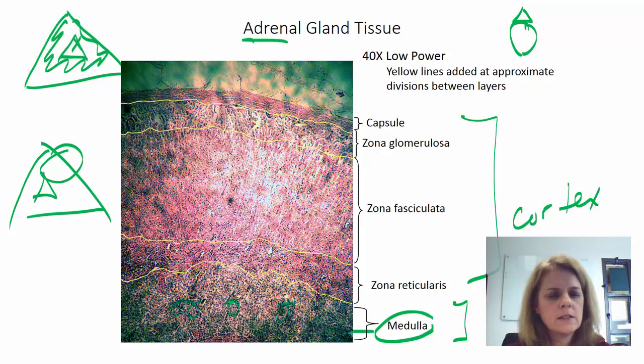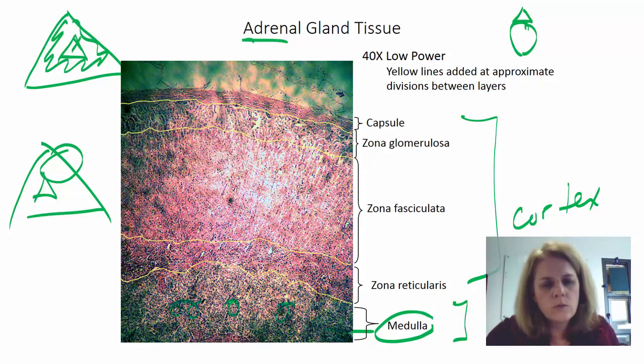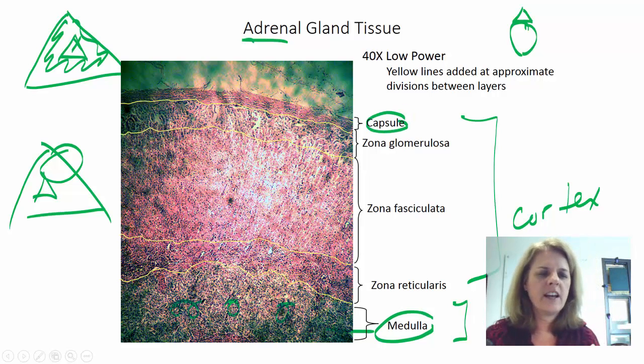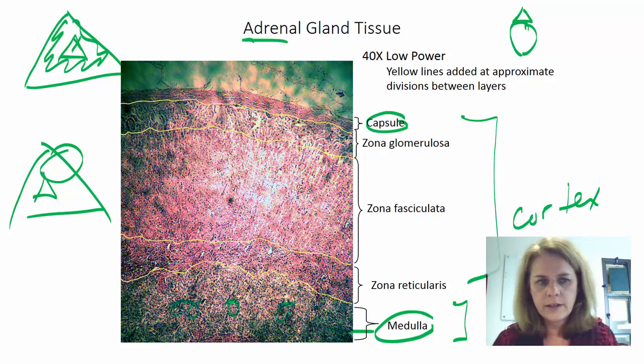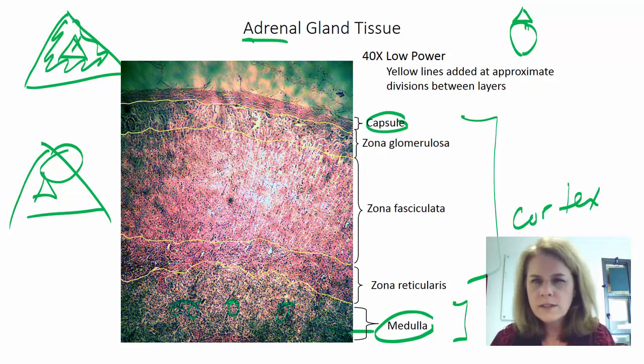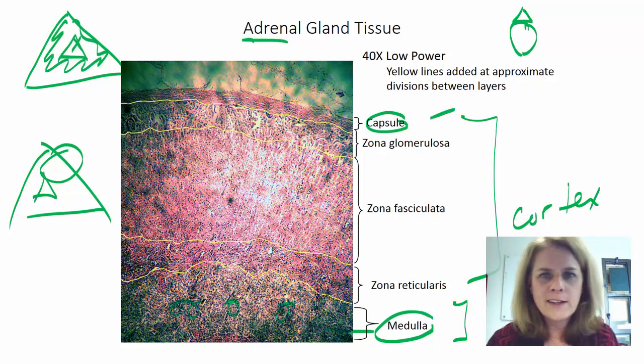The cortex actually has 3 zones, so 3 layers, 4 if you count the capsule. The capsule is the outermost layer. It's a fibrous layer, that connective tissue that holds the whole thing together, kind of like a pericardial sac almost. It gives the gland its shape.